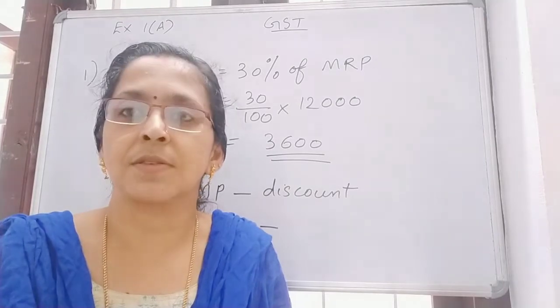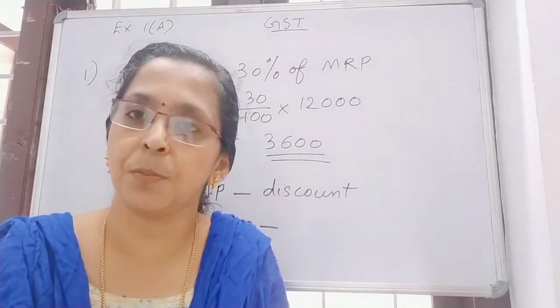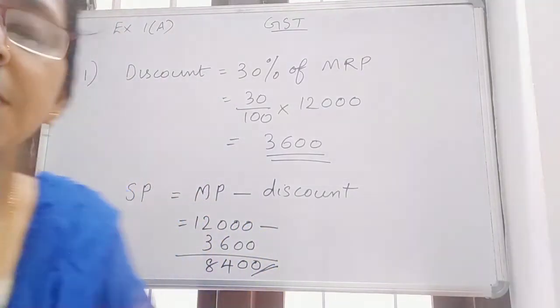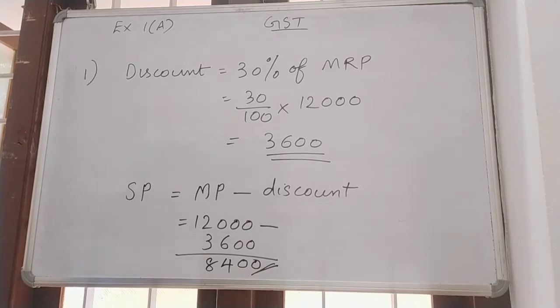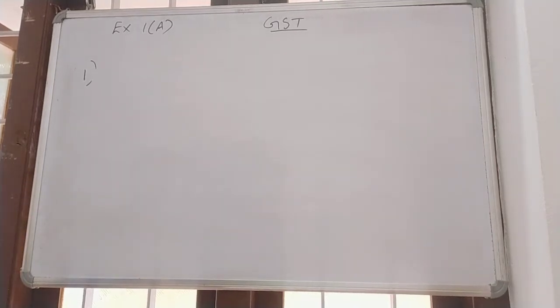So in rupees, CGST and SGST in rupees, how can we find? 9% of which one? This selling price. So next, CGST and SGST. So how can we write that? Write down. Question is within Delhi. Since the transaction is within the state, it is an intra-state transaction.